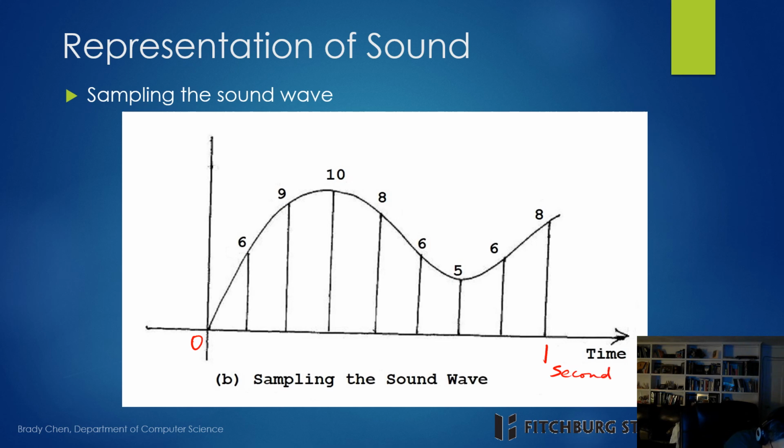We divide 1 second into small time intervals that are all the same. After each small time interval, we pick a sample of the amplitude. Then in the next position, we pick another amplitude, and then another.